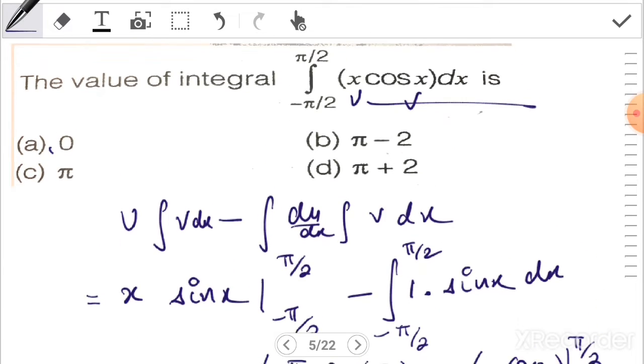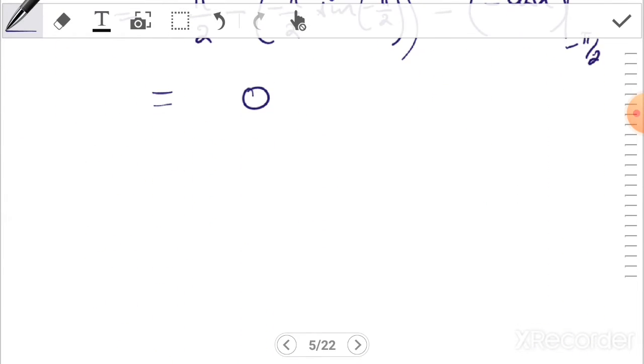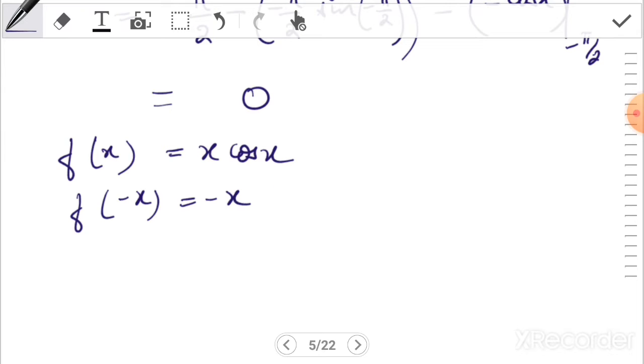So the second method is, from properties we know that if f of x is an odd function, then, let us say f of x is x cos x, and f of minus x we have minus x cos of minus x, which is minus x cos x.